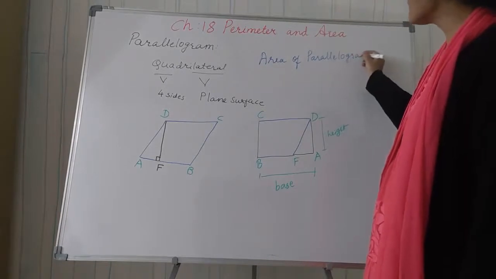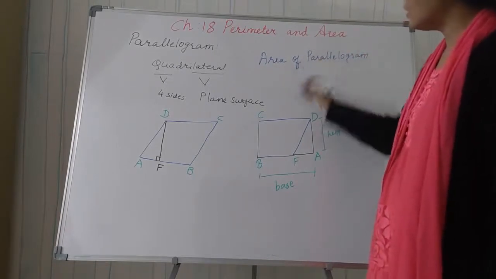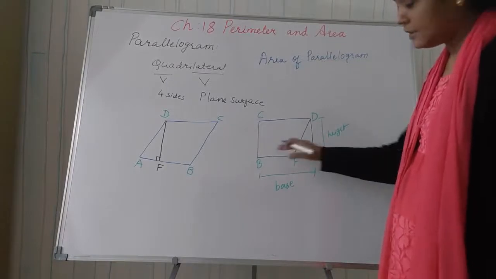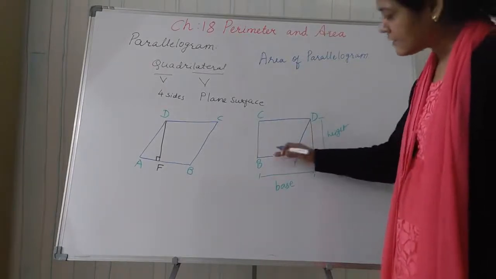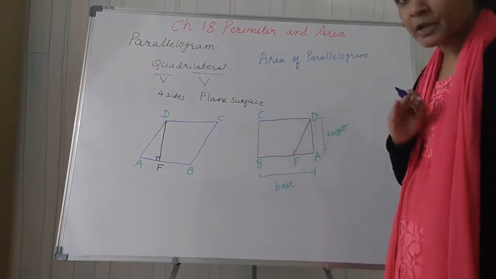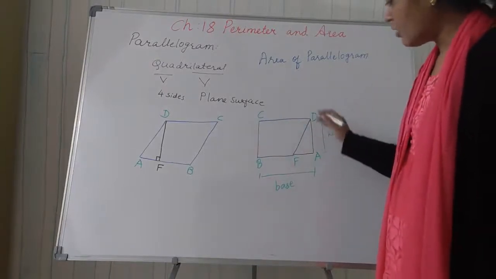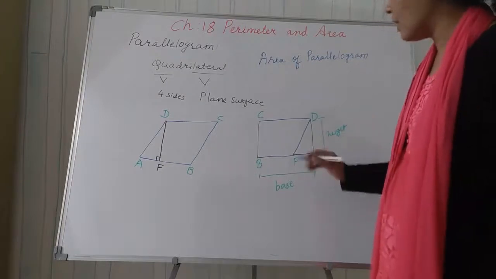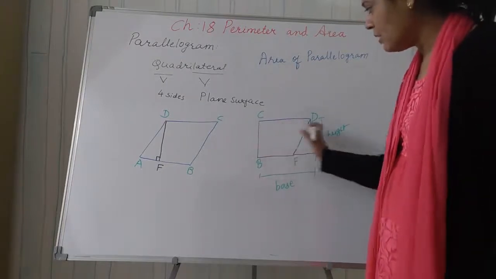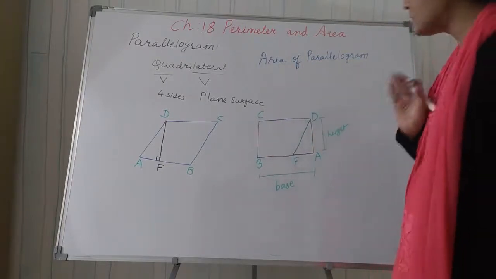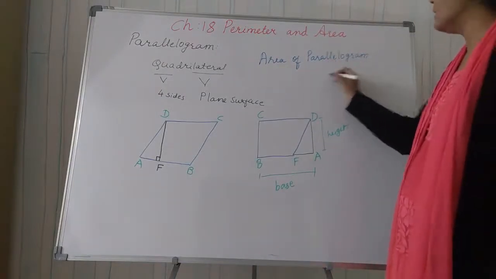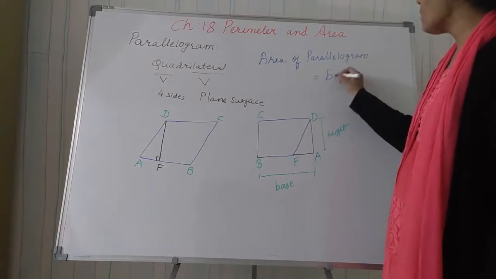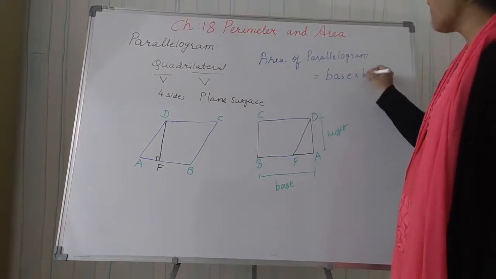The word parallelogram comes from having two parallel sides. You can see this is parallel to this. The meaning of parallel is that the distance between these two sides remains constant; it will not change. So area of parallelogram is equal to base multiplied by height.